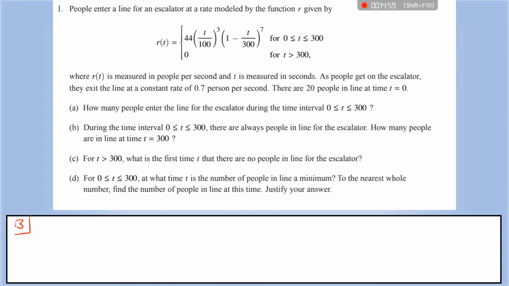We've got a constant rate at which people are exiting the line. So that means our rate of change in people is R of t minus what? The rate per second, 0.7. Okay, 0.7. So my change in people would be an amount, not a velocity. So what would I have to do to this?